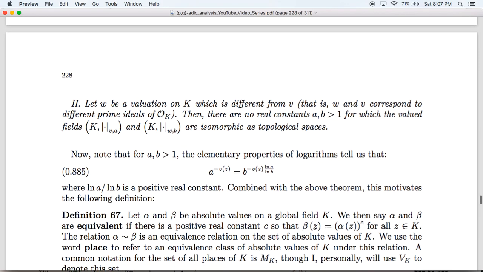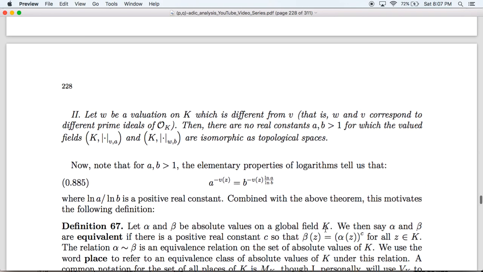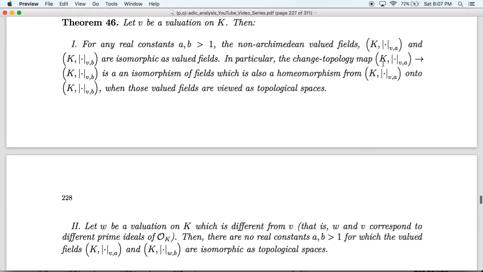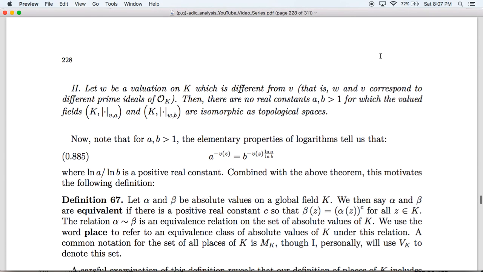Whenever we have two absolute values that are related in this way, we say that the absolute values are equivalent. In particular, equivalent absolute values give k topologically equivalent structures as valued fields.